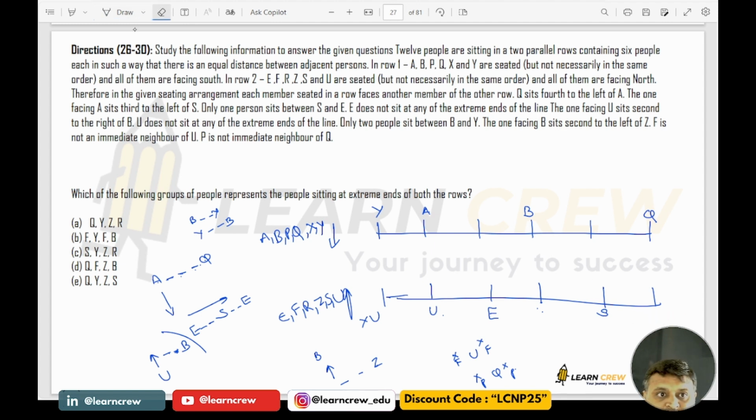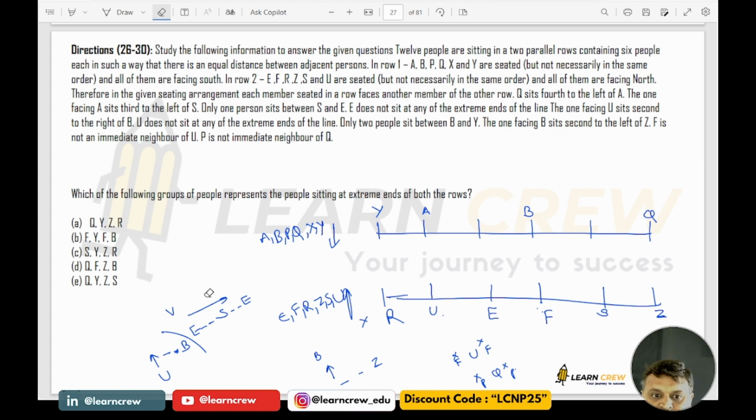This is Z. Okay, and this is not U, so the remaining is, I think, R. We have R and F. Between R and F, whom do we have to place? F is not an immediate neighbor of U, so it is not F here, so it has to be R, and this has to be F. Now these are arranged.